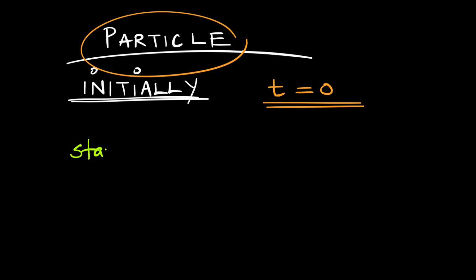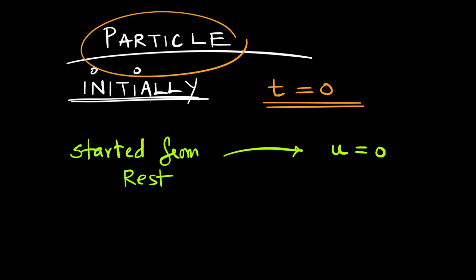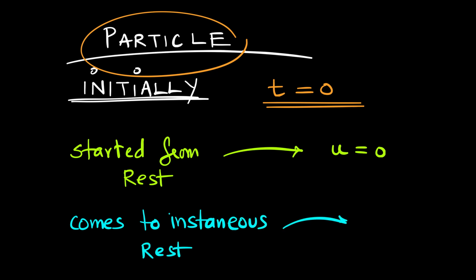When it says a particle started from rest, in other words, the initial velocity is 0. When the wording says the particle comes to instantaneous rest, it means the final velocity is 0.